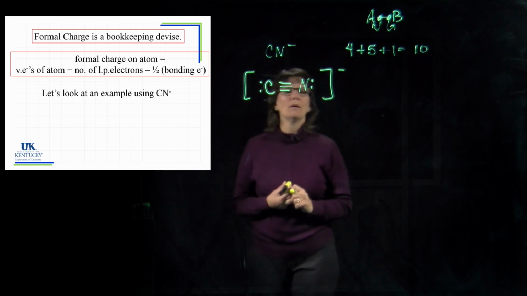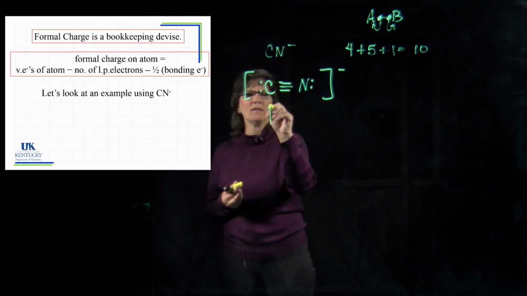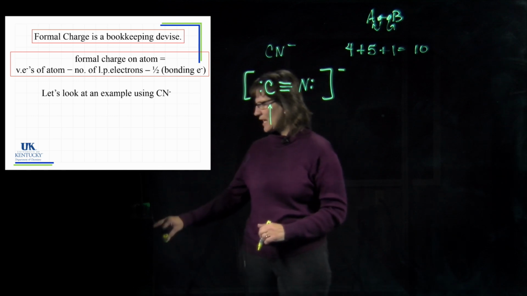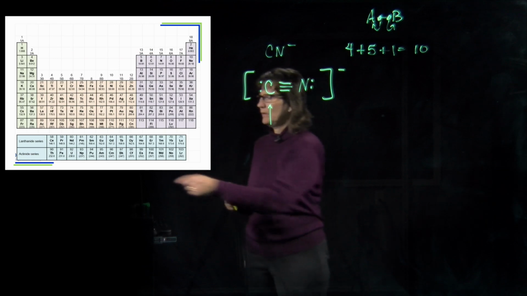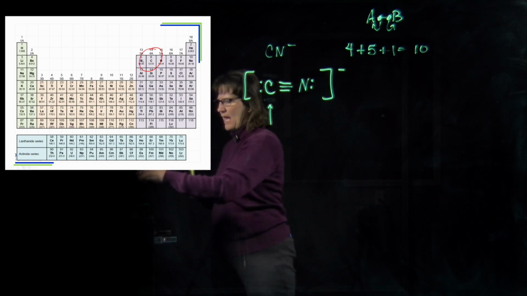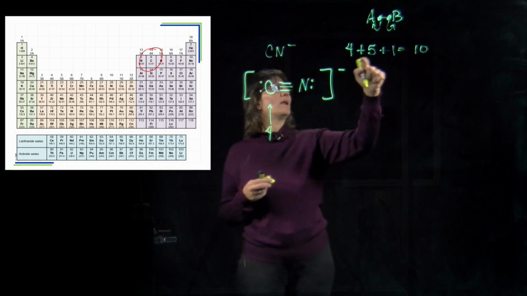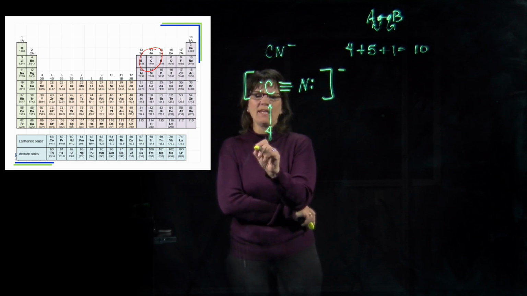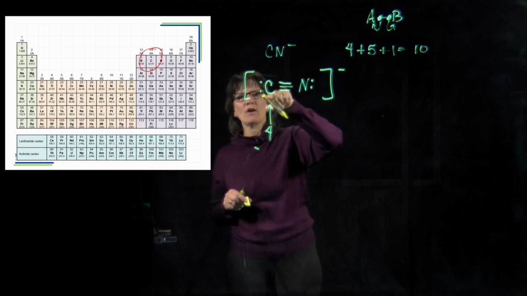So how do we do a formal charge? We're going to do it for each atom in there. Let's do it for carbon first. We go to a periodic table, and I think I've got one right here. Yeah, we find carbon. There it is. We see that carbon has 4 valence electrons. We knew that already. That's what we counted here. So that's the first number, and that's coming off the periodic table. Now we're going to subtract the lone pairs in their entirety that are on this carbon.